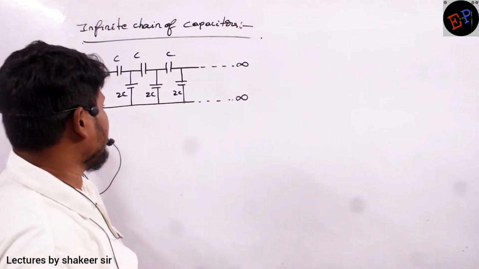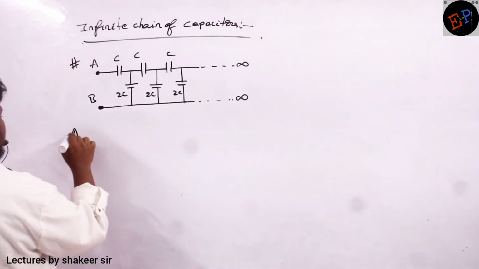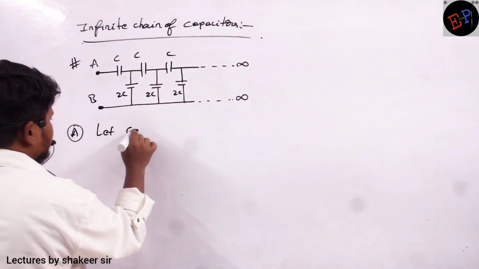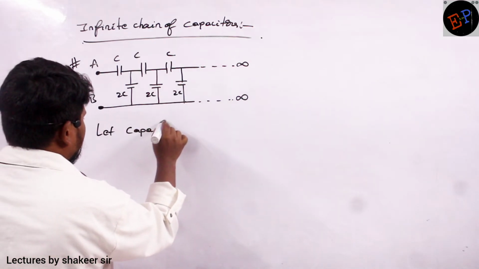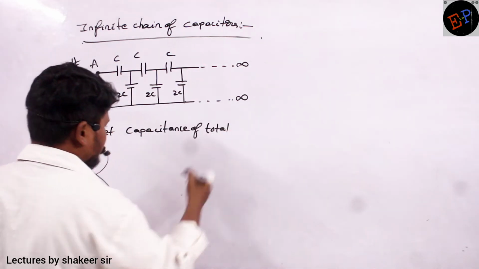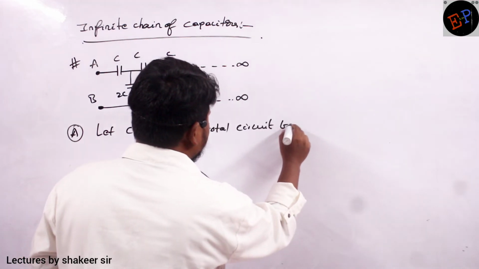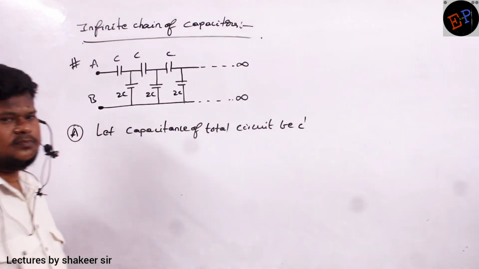Similarly, this is an infinite chain of capacitors. So what I do is, let the capacitance of the total circuit be C dash. Okay?